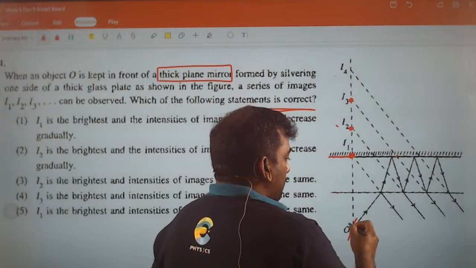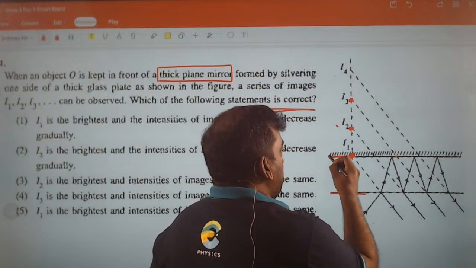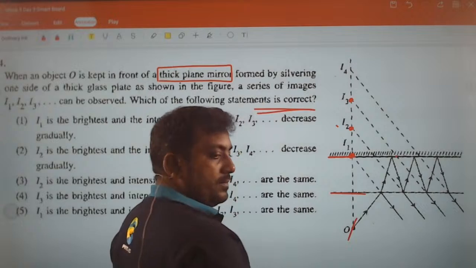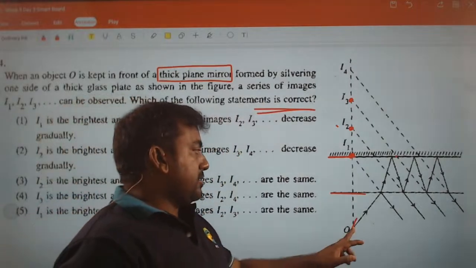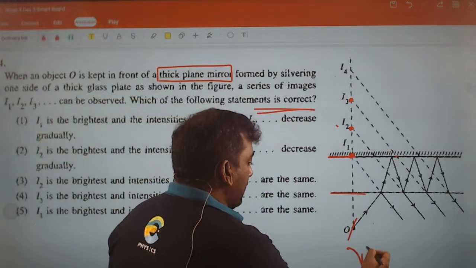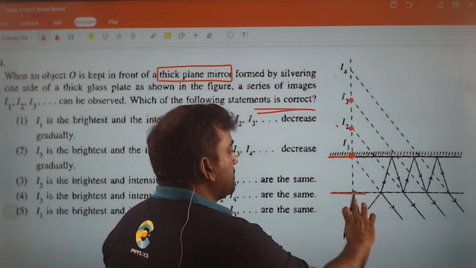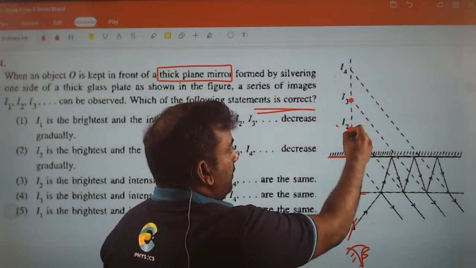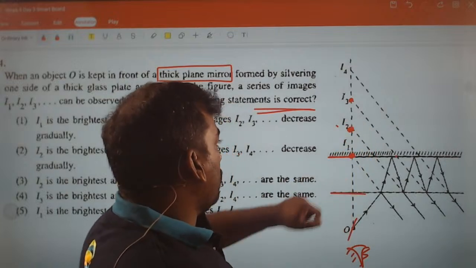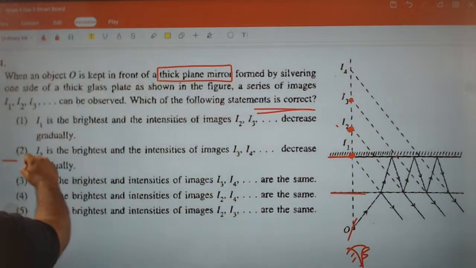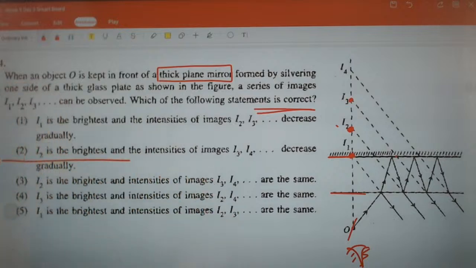So you will see the images beyond the glass. Let's say you keep your eye here. You don't see this, you see the image behind this, somewhere here. So I2 will be the brightest one, then gradually I3, I4, I5 will start reducing.